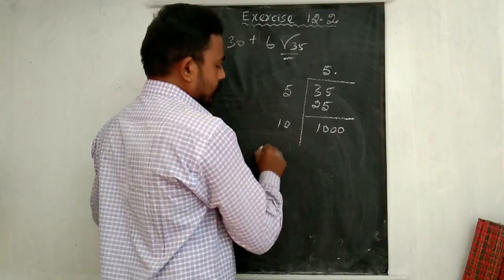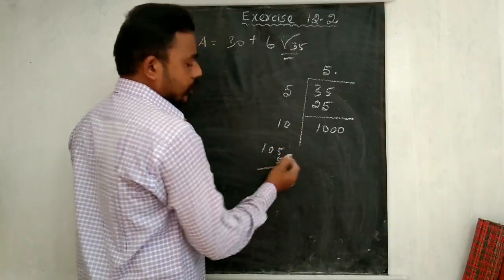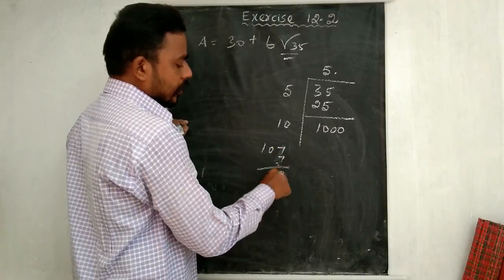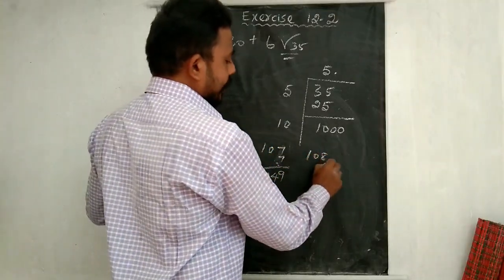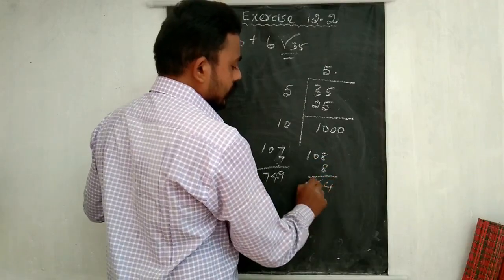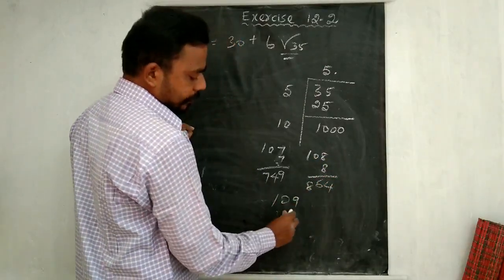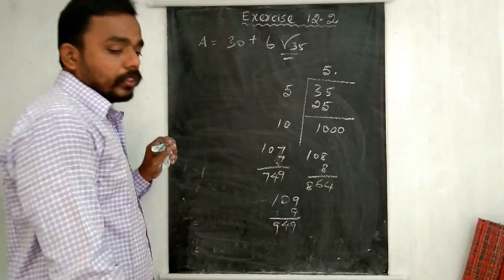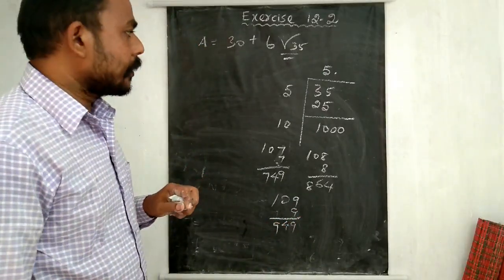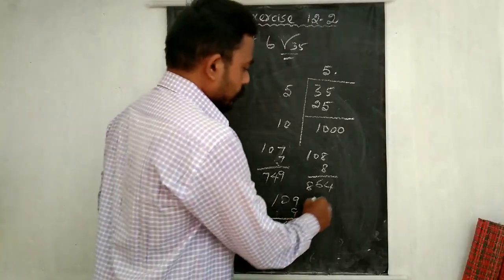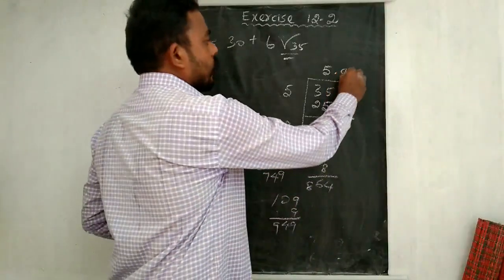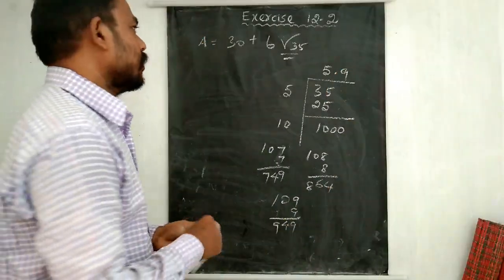Suppose 105, here 5 is not possible. Suppose 108, suppose 109. So 109, here I can introduce 9, so 5.9. Enough, after that you can do more.